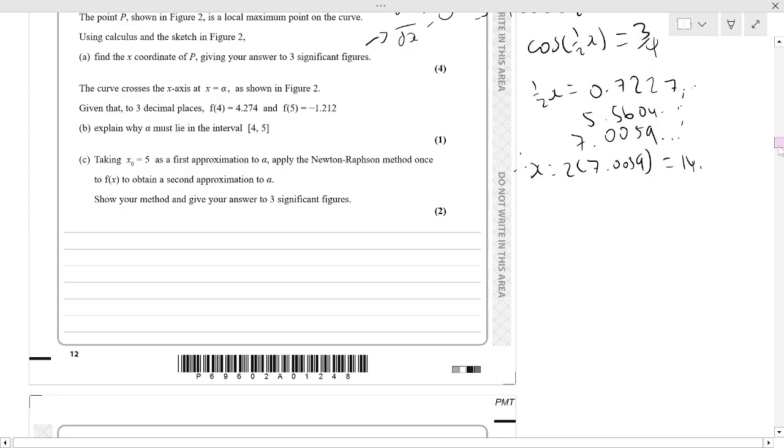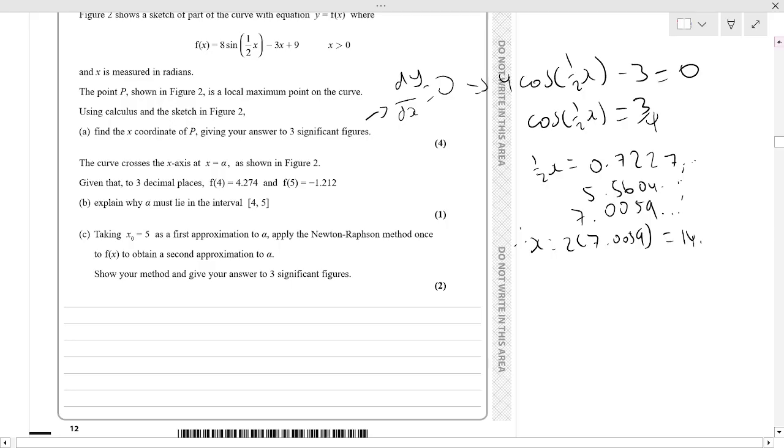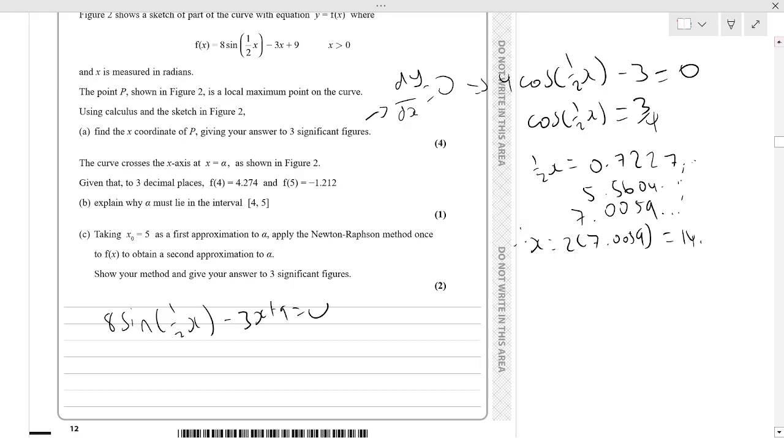The rest of it should be fairly straightforward. So explain what alpha must be in the interval. So we're looking for the roots now, so that is when f of x is 0. So 8 sine of a half x minus 3x plus 9 is 0.